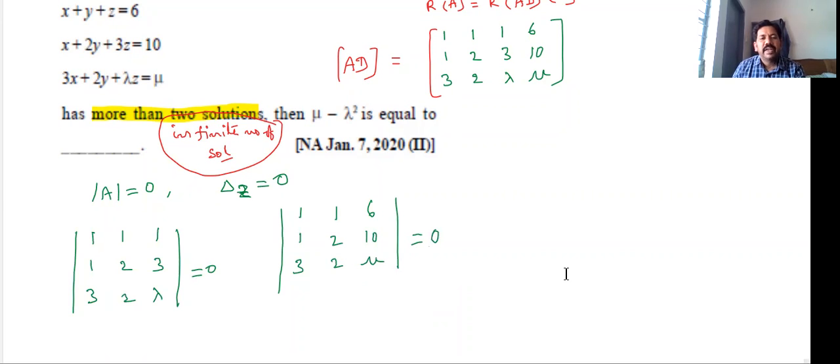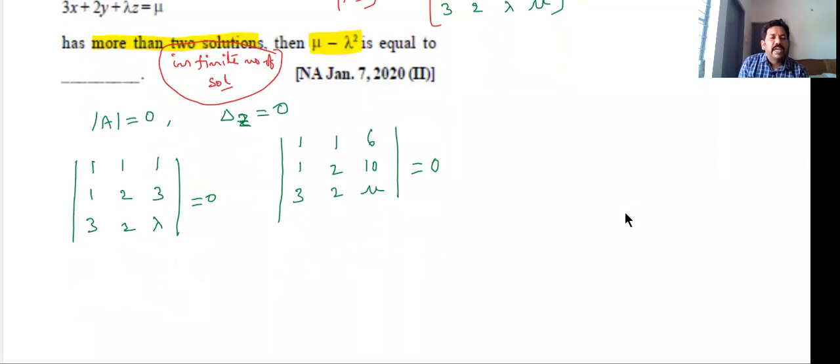Expand both, and you will get lambda and mu values. Substitute those values here. They are asking mu minus lambda square. This is a numerical type question.